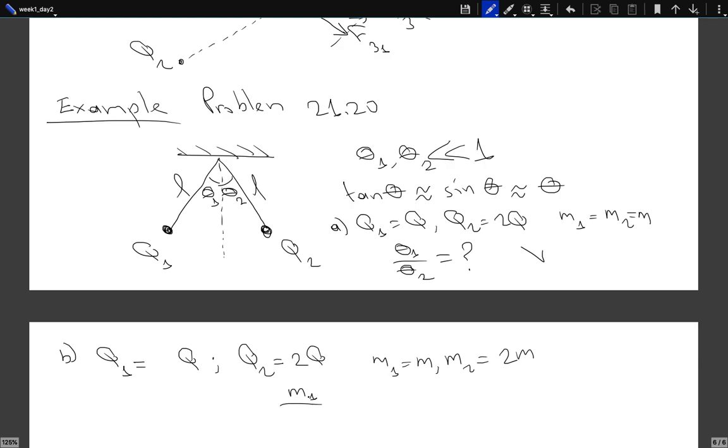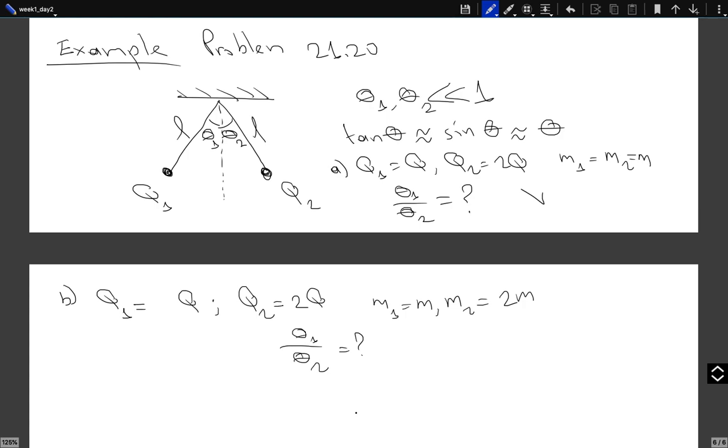What is theta 1 over theta 2 in this case? Can they be 1 to start with? Yes or no? Why not? So what does it change?